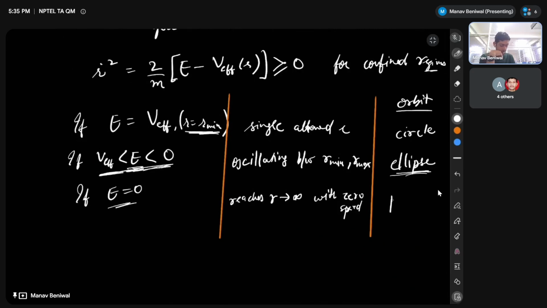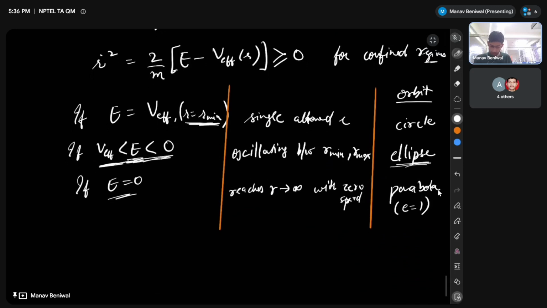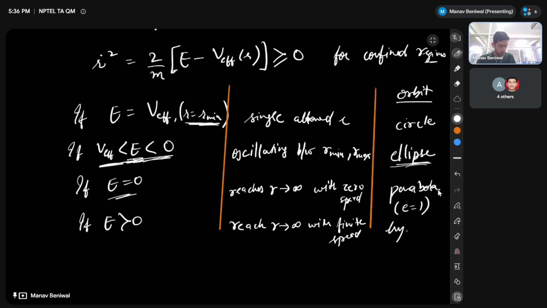So this is the case of a parabola. And finally, if my E is greater than 0, then my particle will reach infinity with finite speed, right? Which is like a hyperbola.